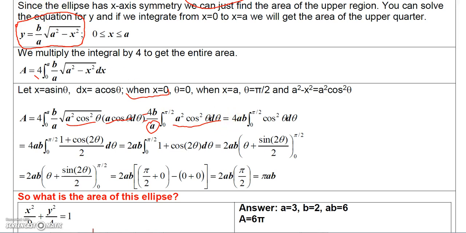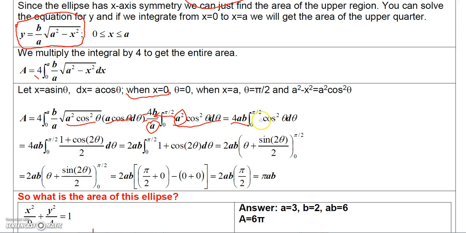That's not right. Okay, sorry about that. I just now figured out what I did. If you factor the a squared out here, and then divide the a into the a squared, that would give you an a in the numerator, so that would give you a 4ab. So that's where that 4ab comes from. So basically, a squared over a is just a. So you have 4b times a, which is 4ab.